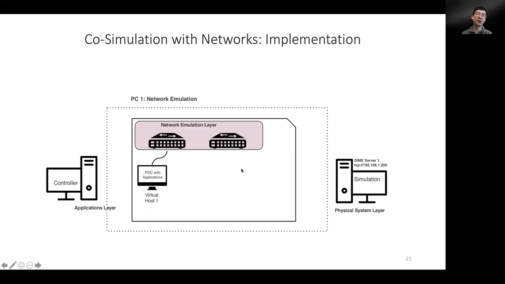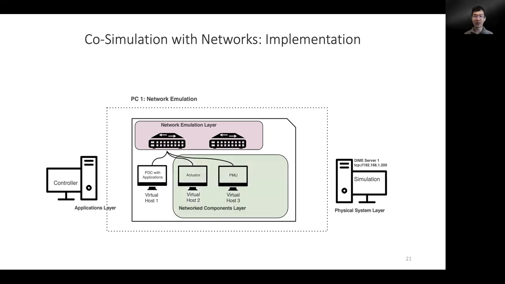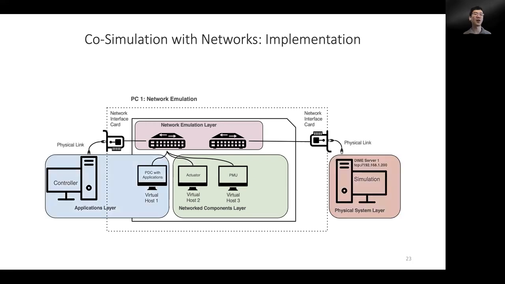So we have one node running a PDC with application, the other one running an actuator, and a third one running a PMU. The actuator and PMU are known as network components, which talk to both the physical system as well as the applications. And we plug in those network interface cards and link those 3 PCs using physical connections.